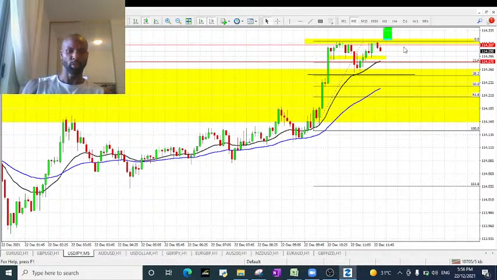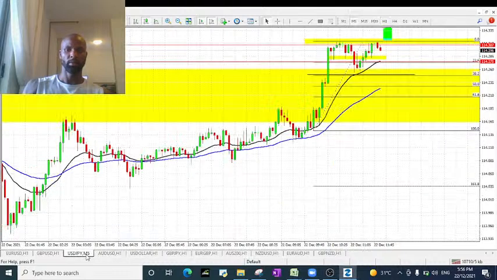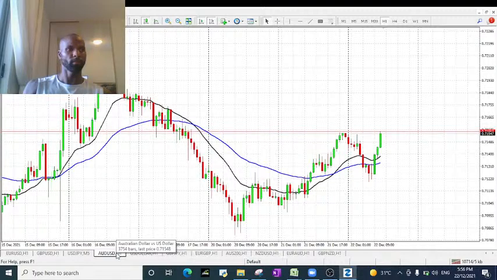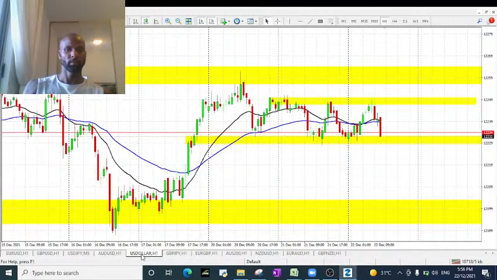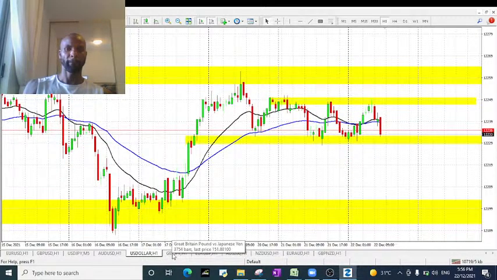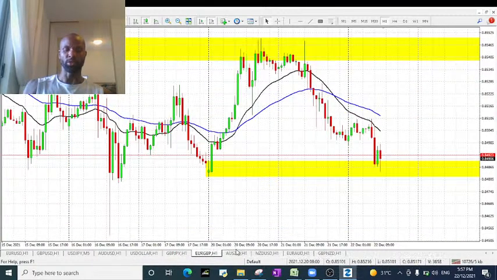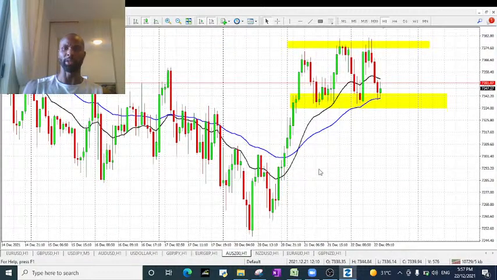US dollar is weak, super, super weak. But we took something out of it. So that's two trades today, two wins.